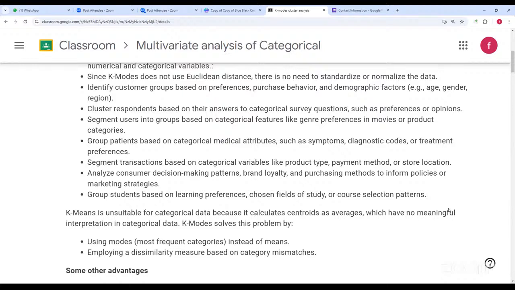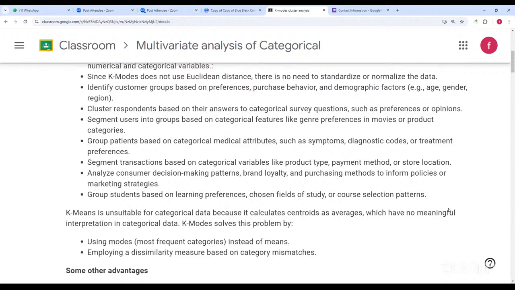Group patients based on categorical medical attributes such as symptoms, diagnostic codes, or treatment preferences. Segment transactions based on categorical variables like product type, payment method, or store location.